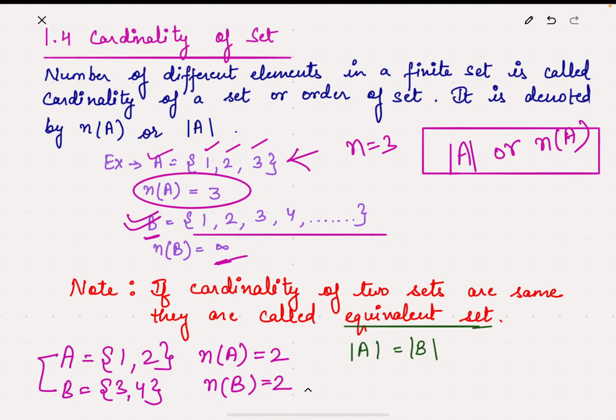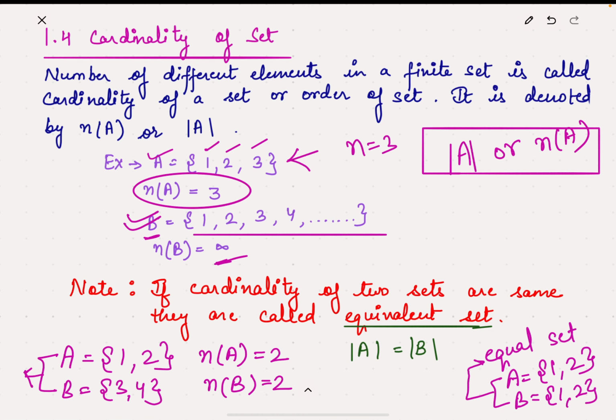So these two sets are equivalent sets. But these two sets are not equal sets. Equal sets are those sets that contain the same elements. Here if we have A as 1, 2 and B as 1, 2, then these two sets are equal sets.